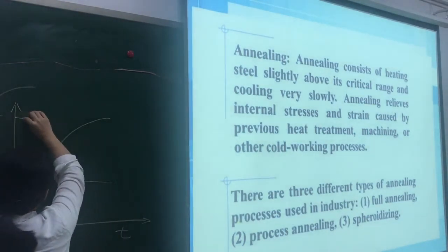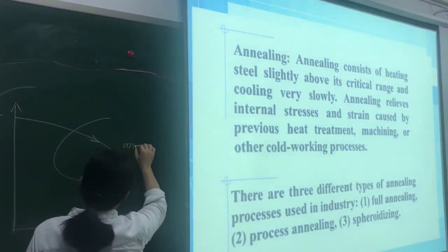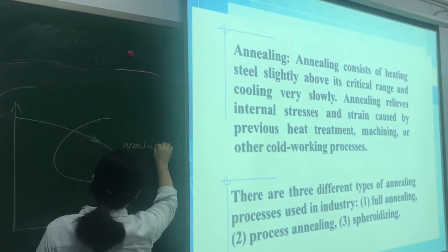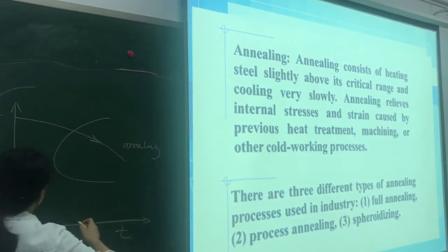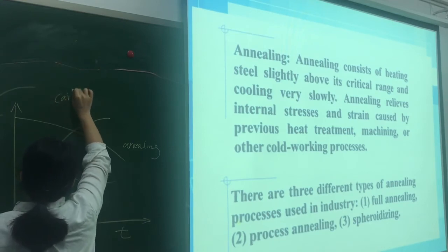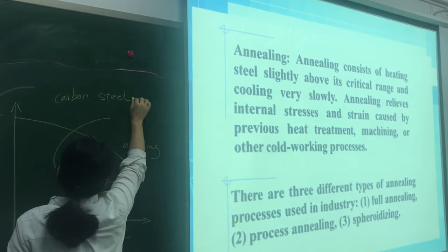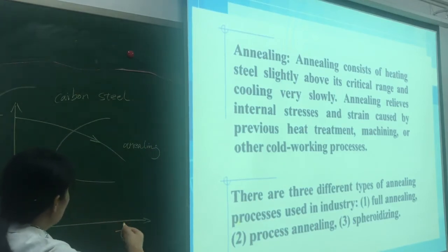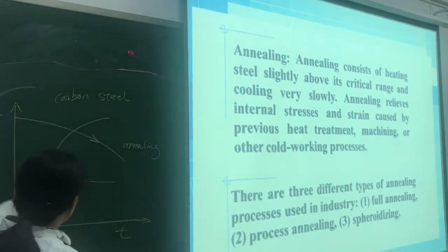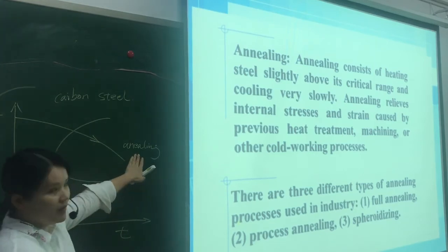If we cool the metal very slowly, for example a carbon steel, we call it annealing.